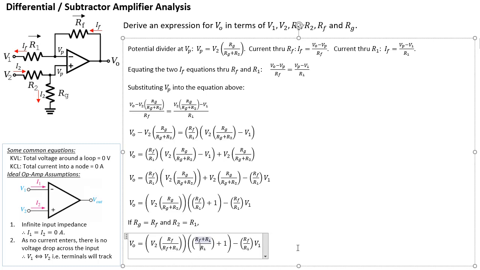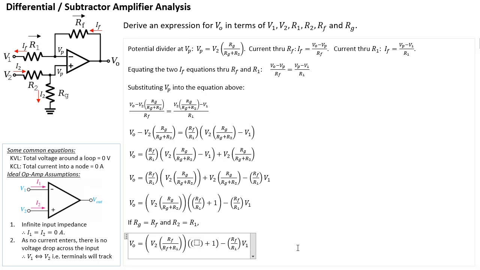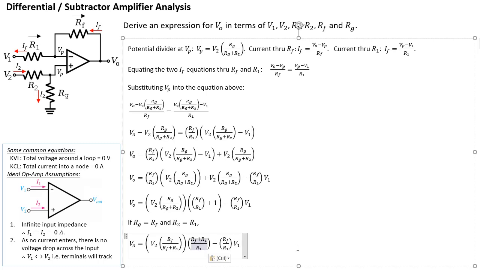Everything becomes over R1, so this whole center part will just become this. Nothing changes at the back there. Now you notice that RF plus R1 will cancel out with this RF plus R1, right? So let's highlight that to mean that we're canceling them. So we can cancel those terms.